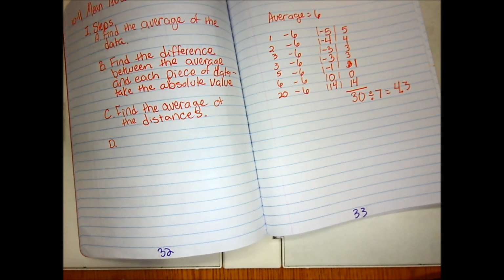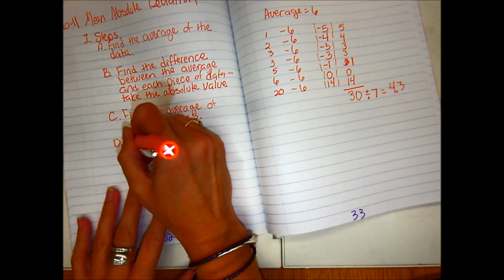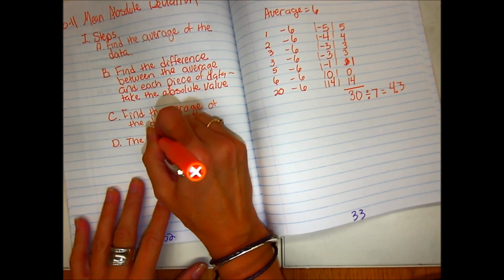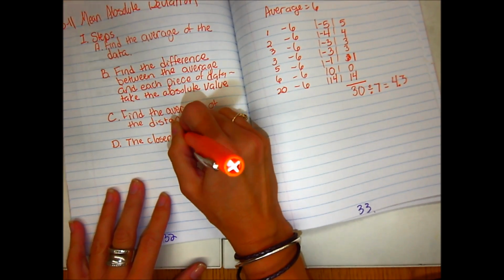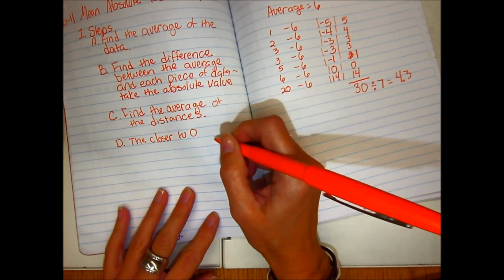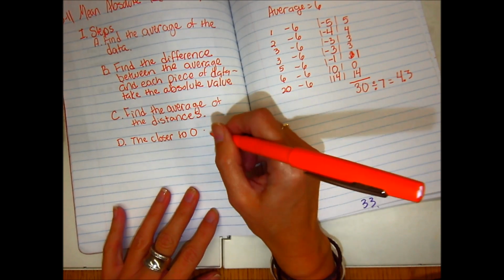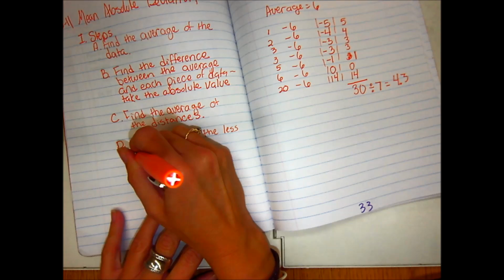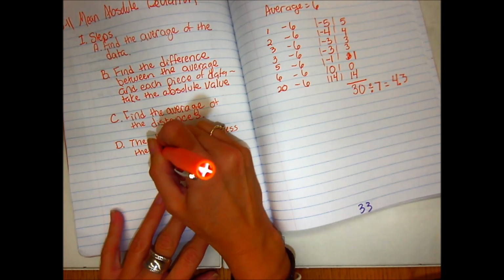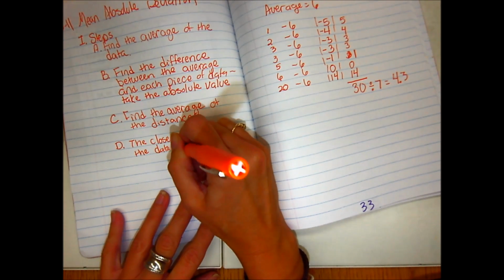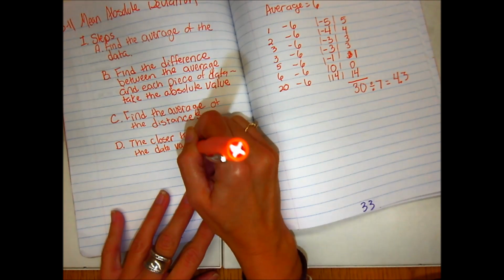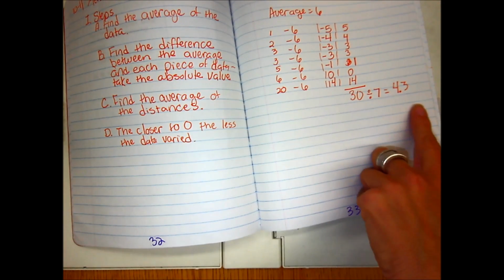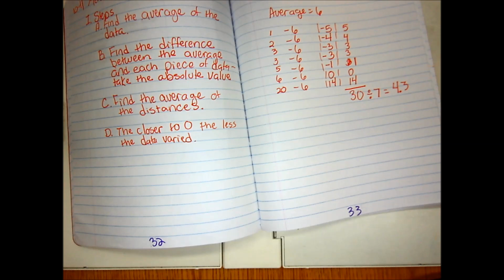So the last thing we're going to do, and this is what we talked about before, is that the closer it is to 0, the less the data varied. So I'm not very close to 0. I'm at 4.3.